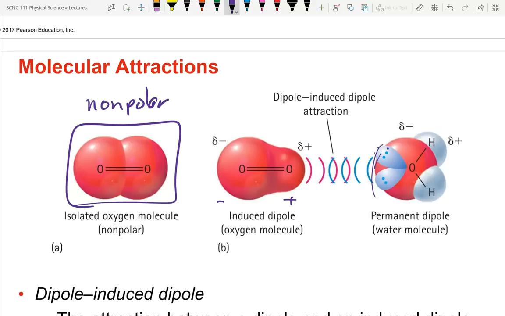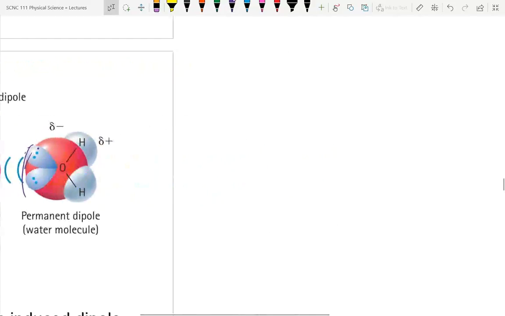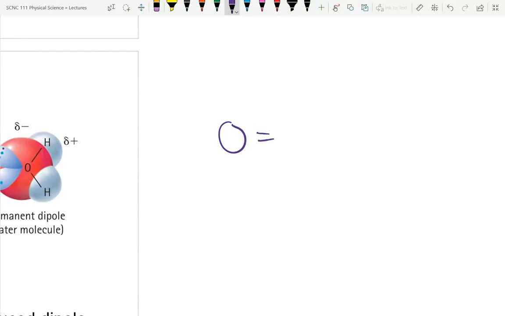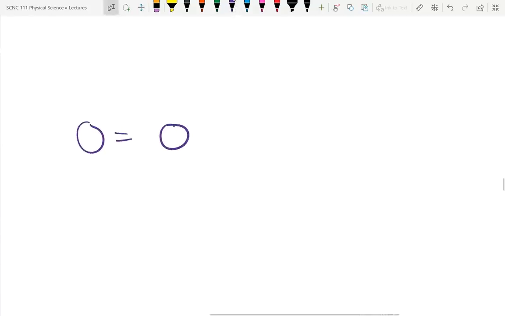Anyone want to guess what the weakest one will be? Here's two completely nonpolar molecules.